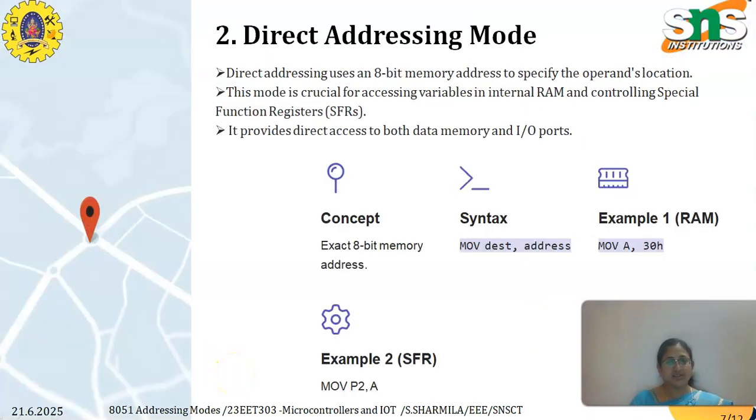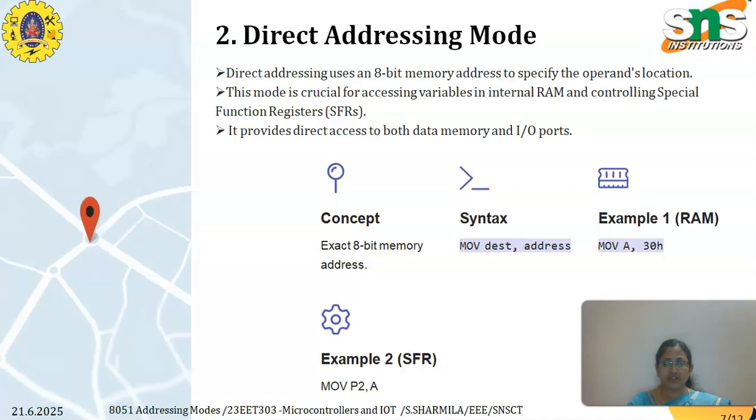We have discussed the immediate addressing mode. Now the direct addressing mode. Direct addressing uses an 8-bit memory address to specify the operand's location. It is used for SFRs, the stack pointer, and accessing internal RAM and special function registers.